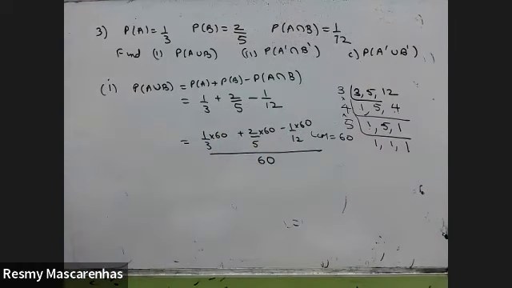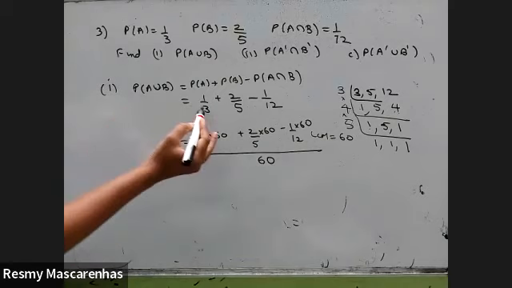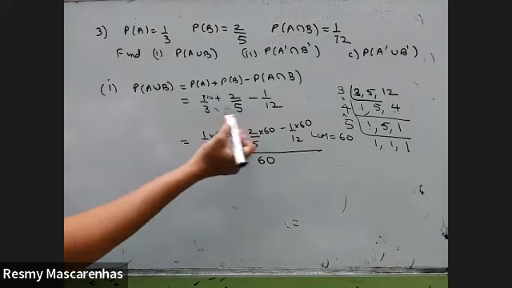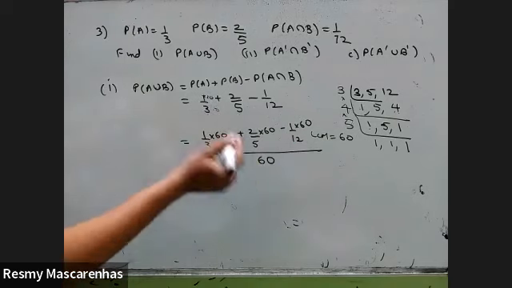Otherwise, what you have to do, try to make this into 60. So 3 into 20, everything, denominator you have to try to make 60.